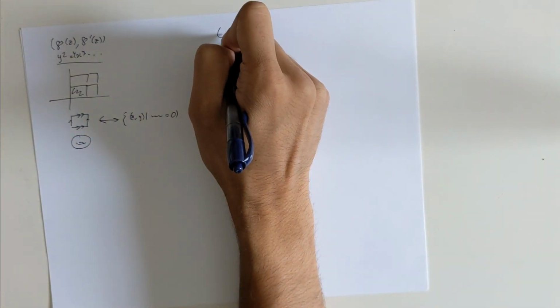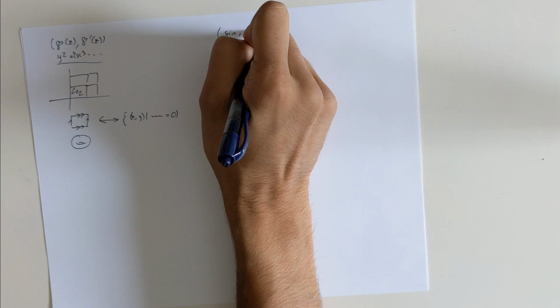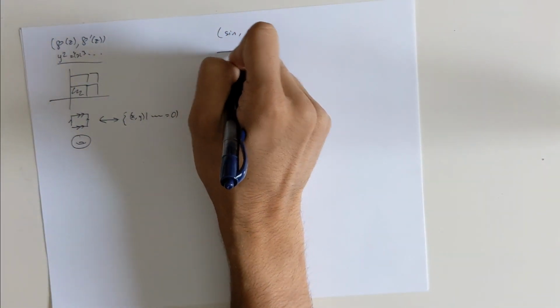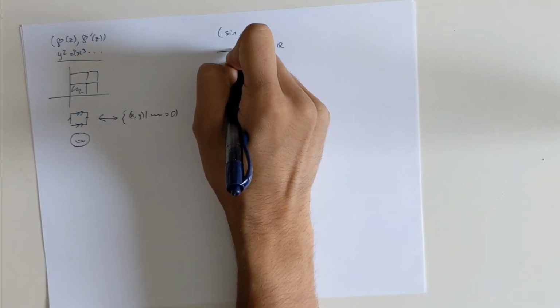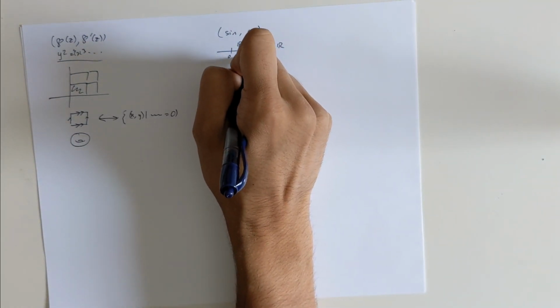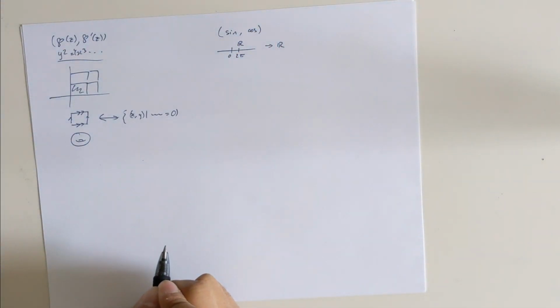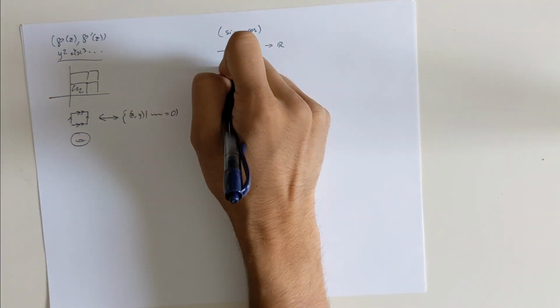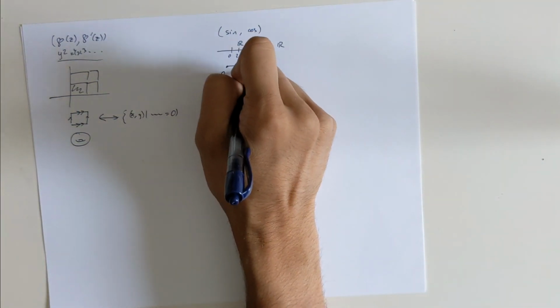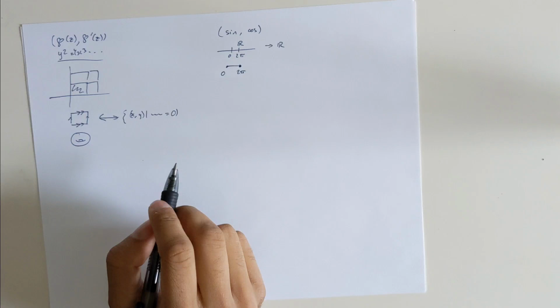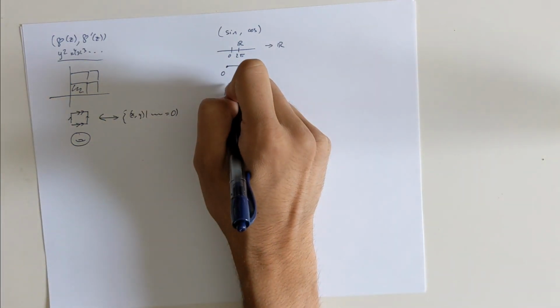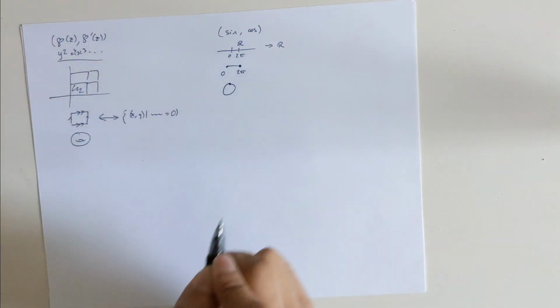Okay, let's see if we can say a similar thing about sine and cosine. So these are functions from R to R, and they're periodic with period 2 pi. So if we want to understand the output, it would suffice to look at the interval 0 to 2 pi. But it turns out that since you can translate from 0 to 2 pi by adding 2 pi, these should really be two points that are identified.